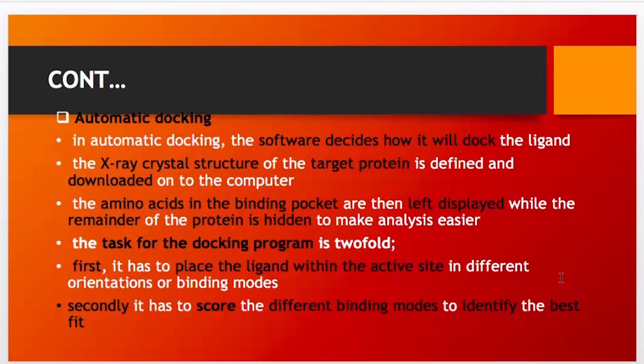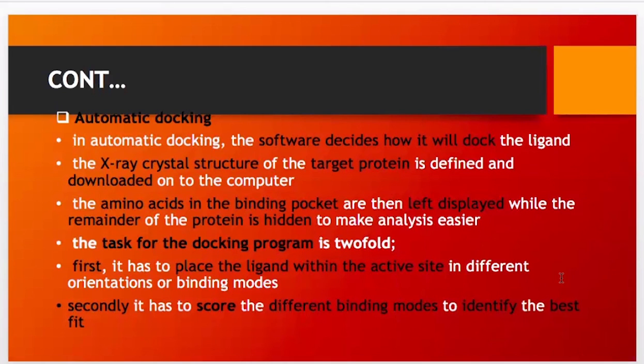And then the automatic docking program is going to place the ligand, or your molecule, within that active site. It will be placing them in different orientations. It will try this way, the other way, and so on and so forth. Then it will be able to score the different binding modes.